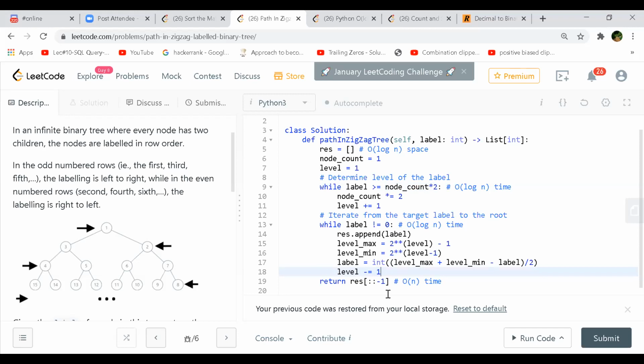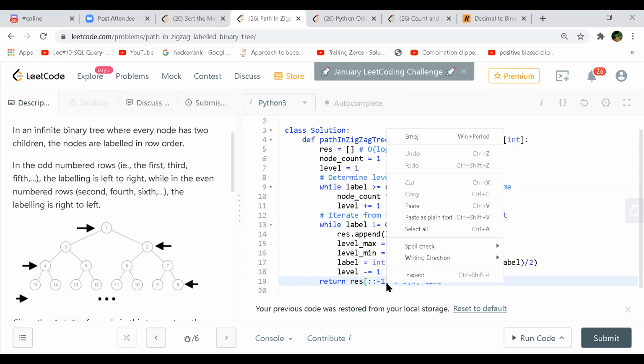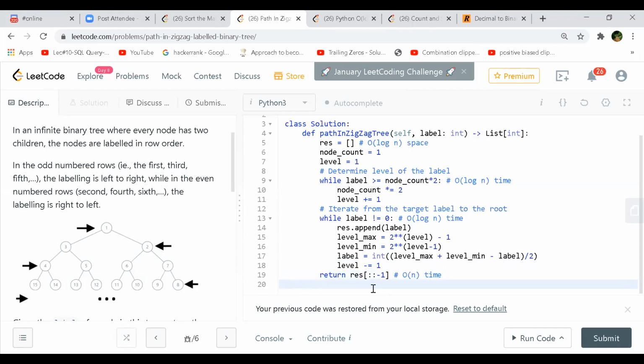So it's again O of n, not log n, right? Why O of n? This is the height of the tree. It's exactly the same as what I just said. But this one, while reversing your answer, it won't be O of n, right? You are jumping nodes. You are taking only one node from one level.